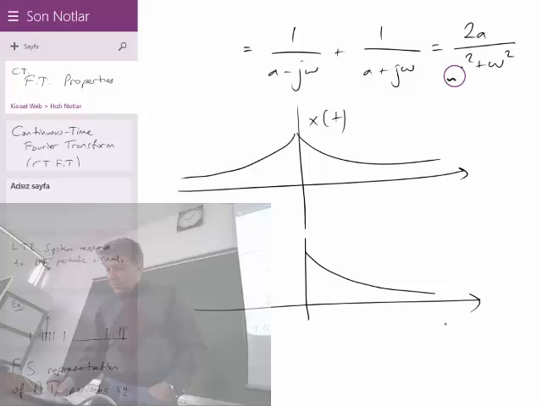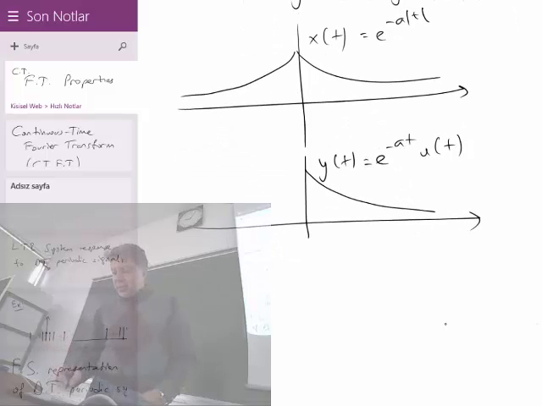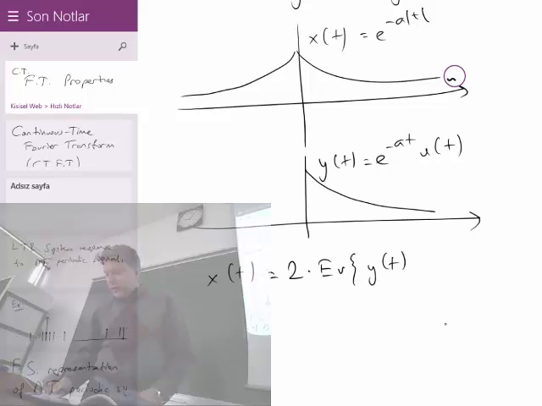Let's call it y of t, equal to e to the minus at u of t. And this x of t is equal to e to the minus a absolute value of t. So what is the relation between each other? What I'm claiming is that x of t is twice the even part of y of t.